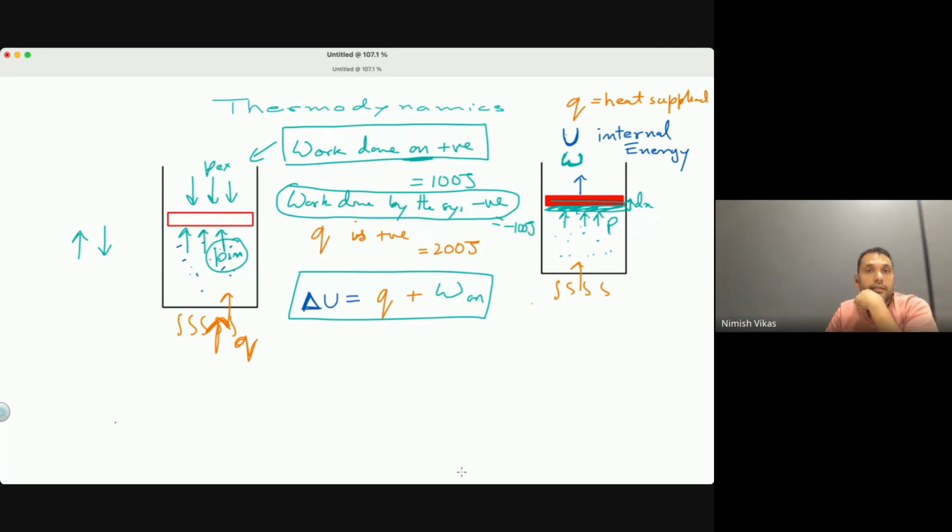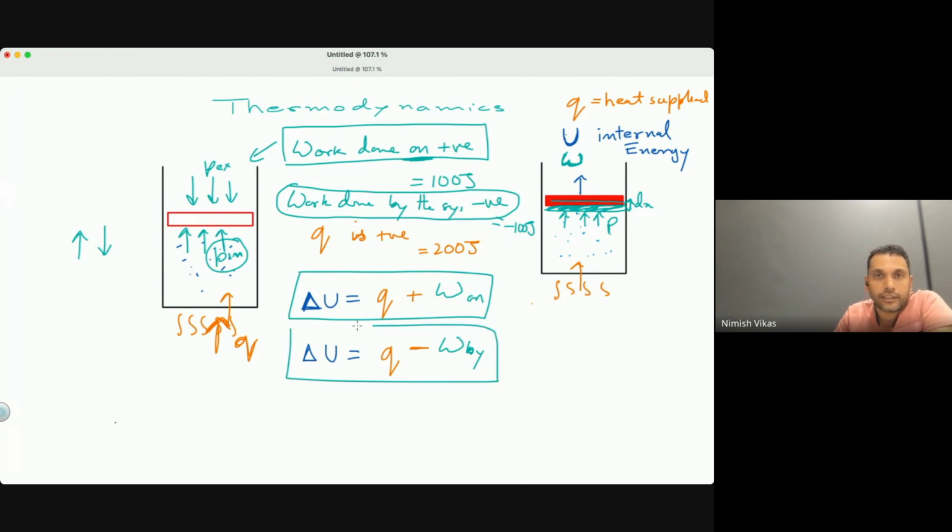Is that clear, guys? Is that clear? And this formula of change of internal energy will be heat supplied, that you supply a certain amount of heat, 200 joules of heat, minus how much is the work done by the system. The system does some amount of work, then your internal energy will not rise by that much. It will be minus the work done by the system.